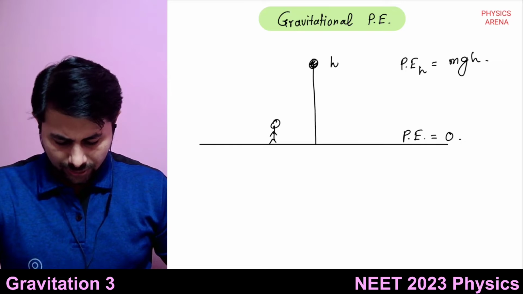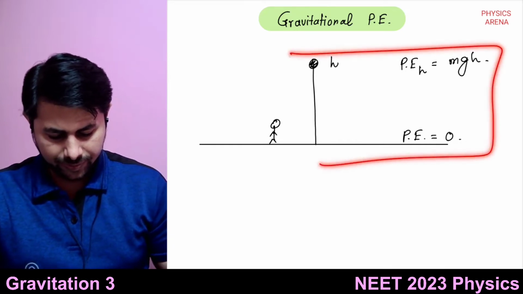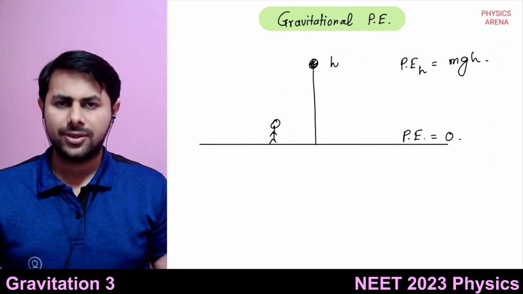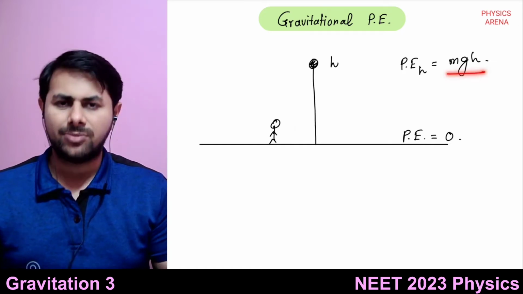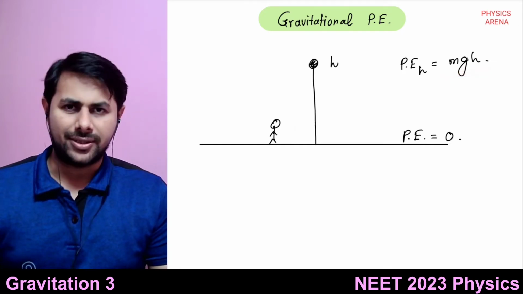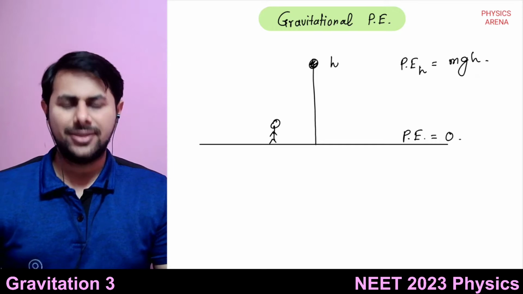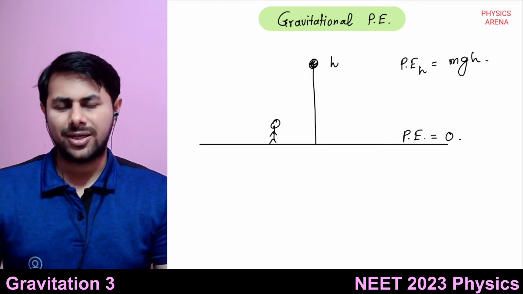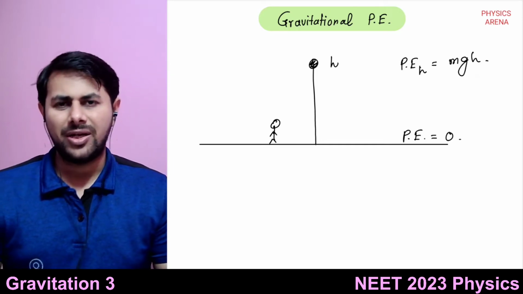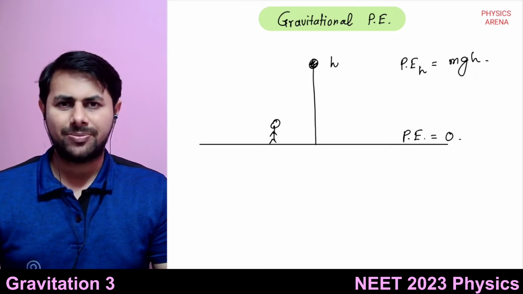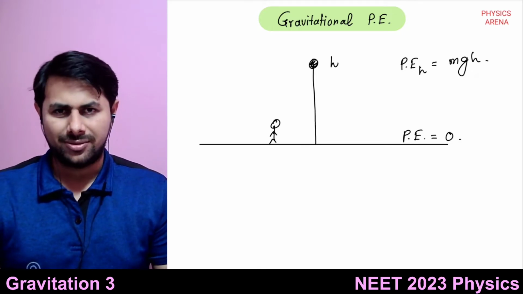We can use this formula for the gravitational potential energy for small heights, when the height is very small compared to the radius of Earth. But when the height is comparable to the radius of Earth, we cannot use this formula.